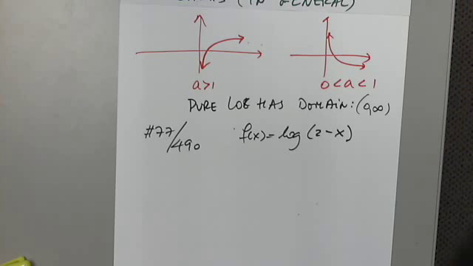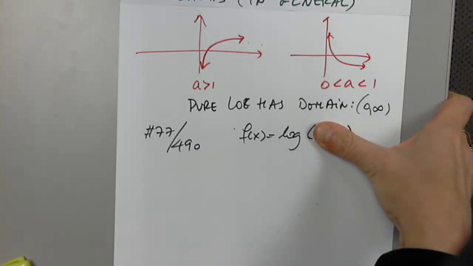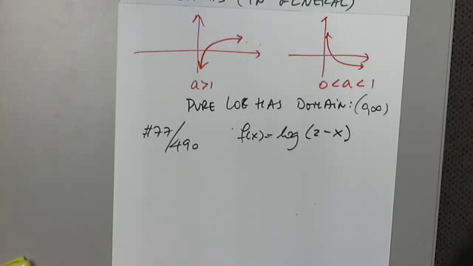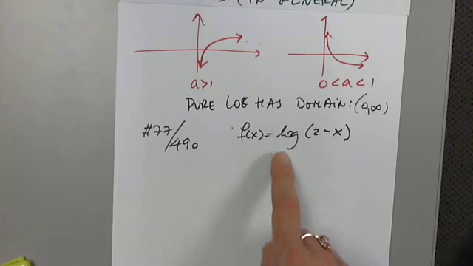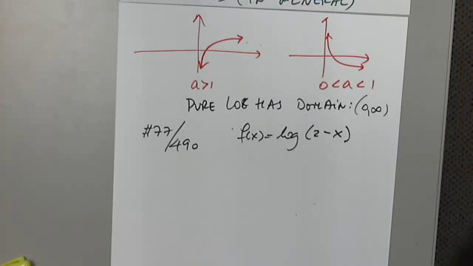So what do I have to write? What is log applied to? In this case, let's read it. 2 minus x. Log is applied to 2 minus x. Log of 2 minus x. What type of number should 2 minus x be for log to exist?